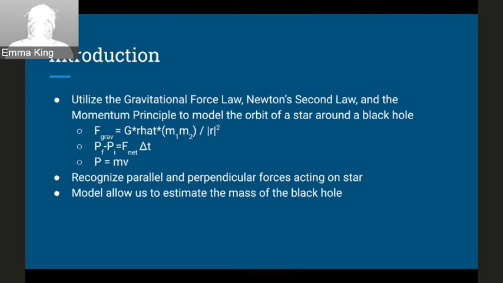And then we have momentum equals mass times velocity. From this model, you can see the parallel and perpendicular forces acting on the star. They give you the total F net acting. And from all of these numbers that we find, we can put them into the gravitational force law and find the mass of the black hole.